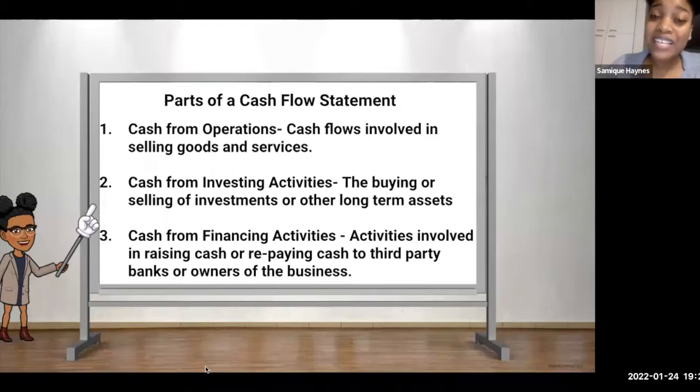The cash from investing activities, these activities are all of those activities that deal with buying or selling long-term assets. So if you buy a long-term asset, then that means that cash is going to go where from your business? Where is the cash going, in or out?